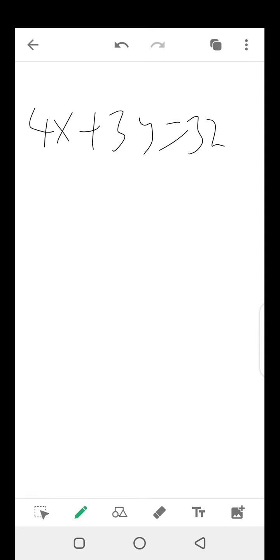So now, in the first example we looked at how to solve by elimination, but in that example we eliminated y. So we had 4x plus 3y equals 32, and 5x minus 3y equals 13.